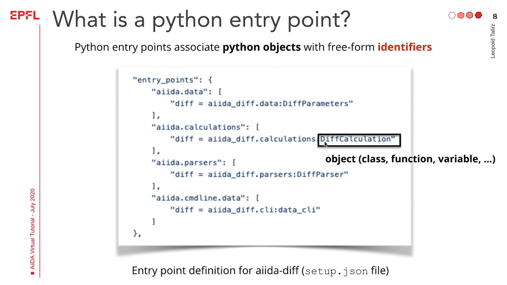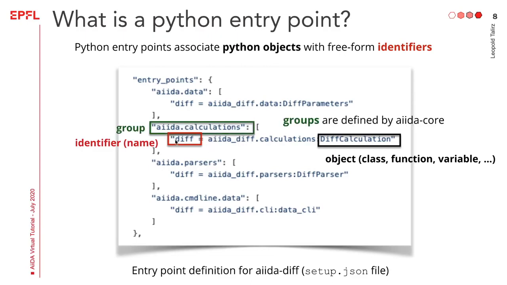So what you need to do is you need to have an object that you want to point to, in this case a so-called diff calculation class. You need an identifier, so a string, in this case diff, that points to the path of this object inside the AiiDA diff package.